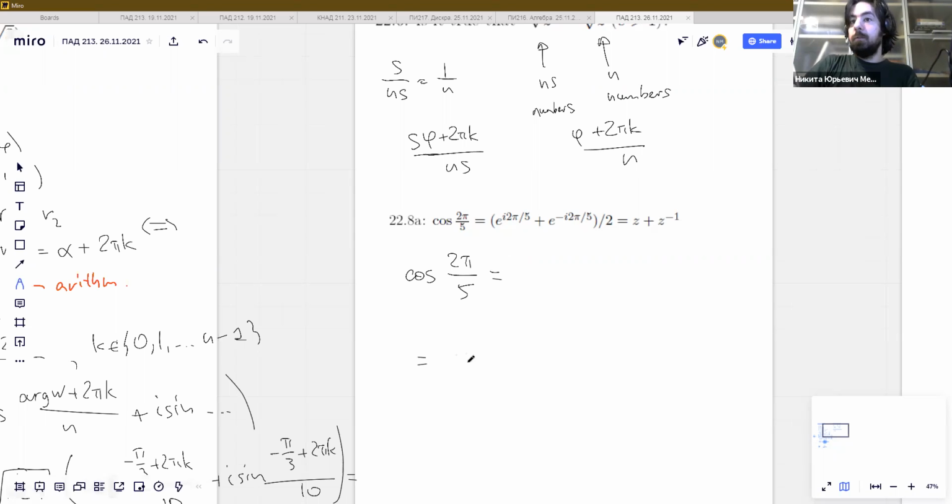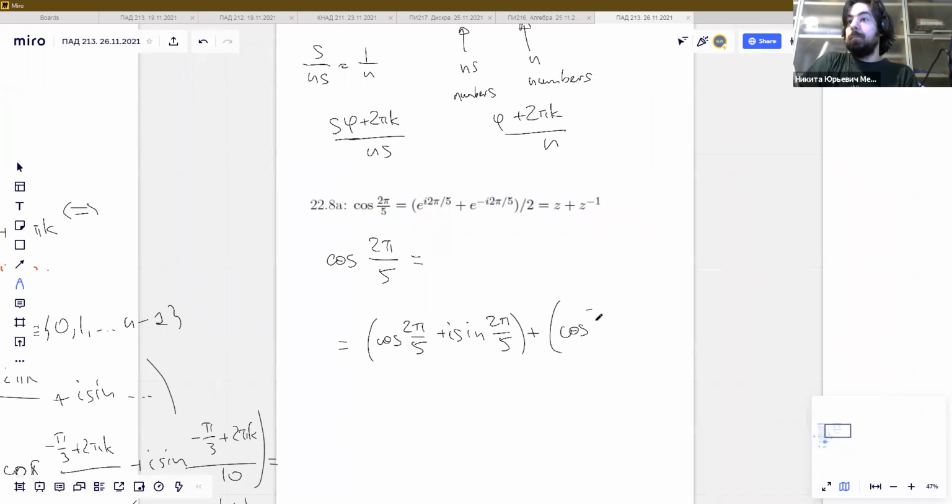The idea is as follows. This number is this number plus this number, divided by 2. This plus this gives us 2 cosines. That's not a huge problem because I can simply divide by 2.